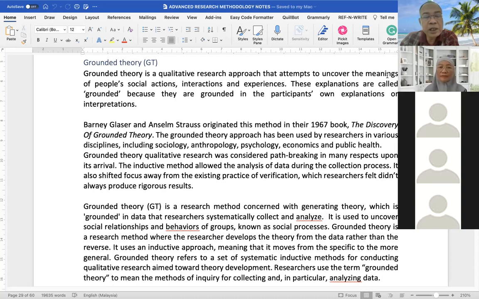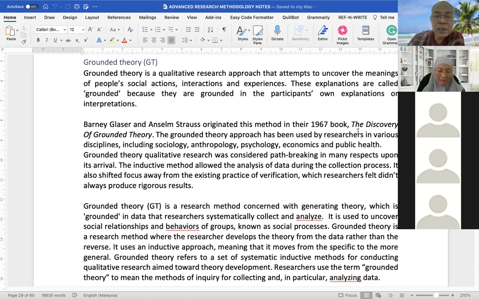Grounded theory is a research method where the researcher develops the theory from the data. The researchers will obtain the data, and from the data, the researchers will form the theory. Okay, so it is called inductive approach, meaning that it moves from specific to more general.